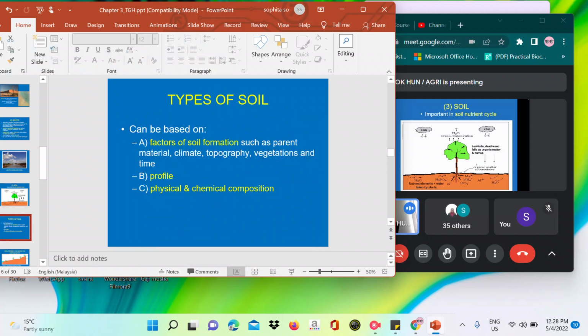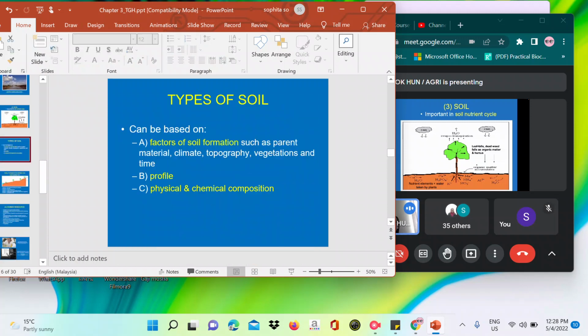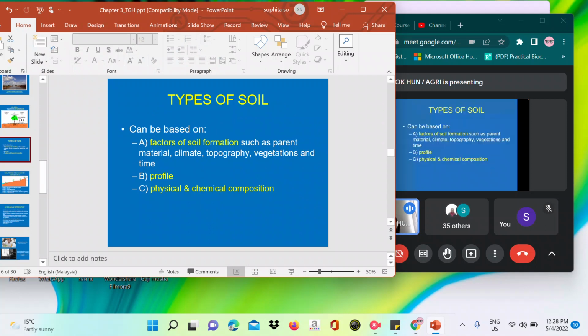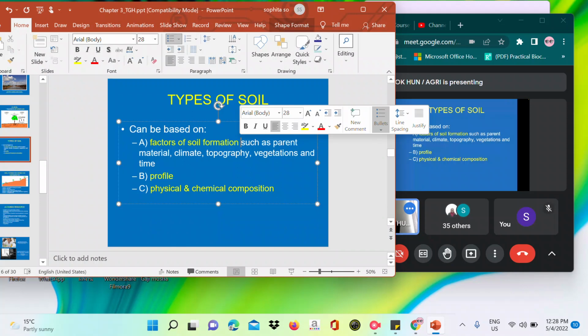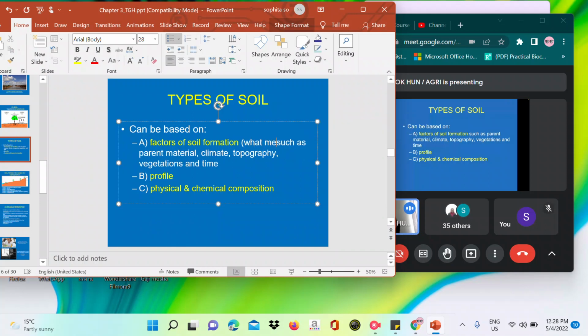So, types of soil. There are many types of soil, which can be based on the factors of soil formation. That means, for example, we have different types of parent material. What material formed that soil? And it depends on the climate. How is the climate, say, in the tropic area? At the desert area, how is it?